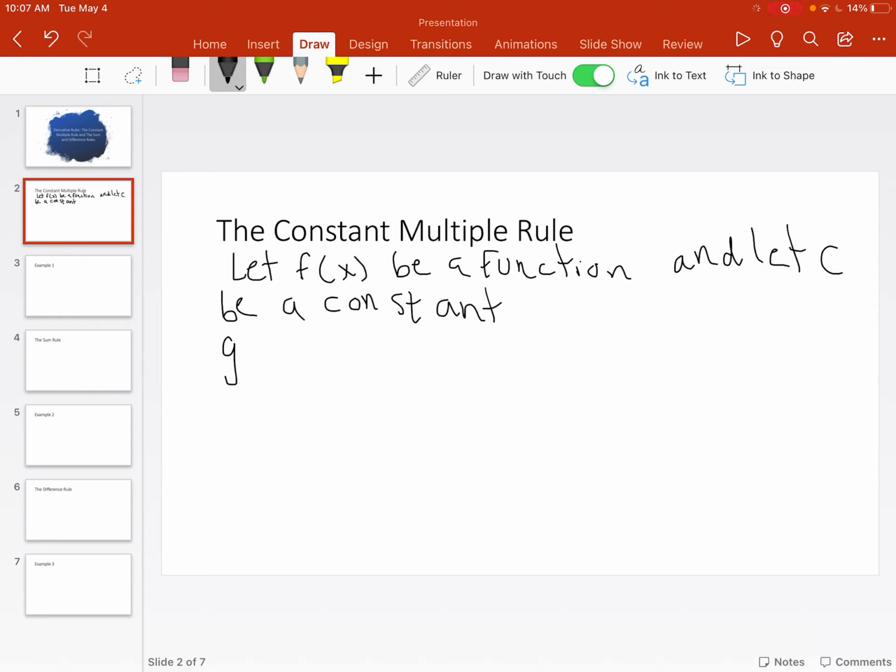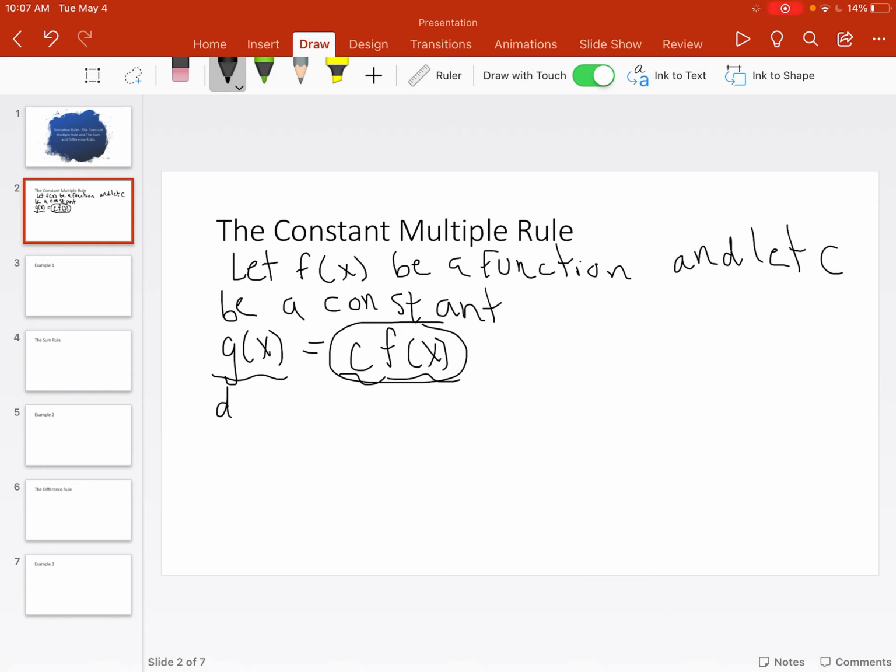If you have some function g of x, which is equal to c times f of x, c is some constant, f of x is some function, and g of x is just equal to this whole thing.